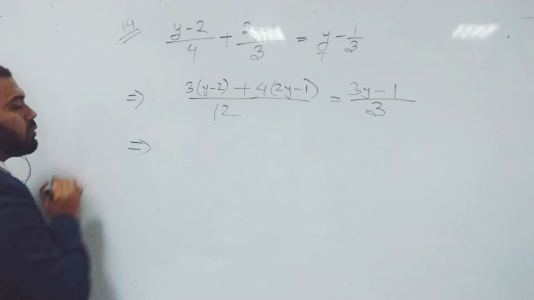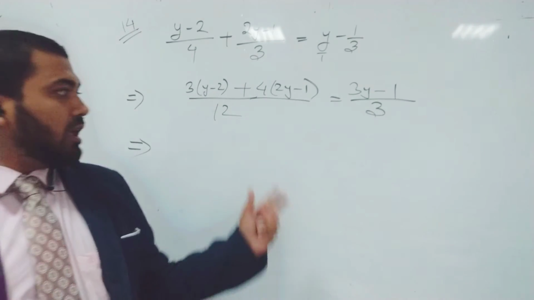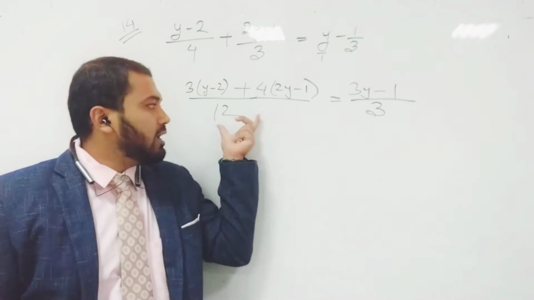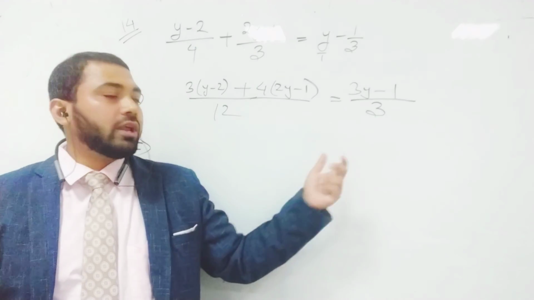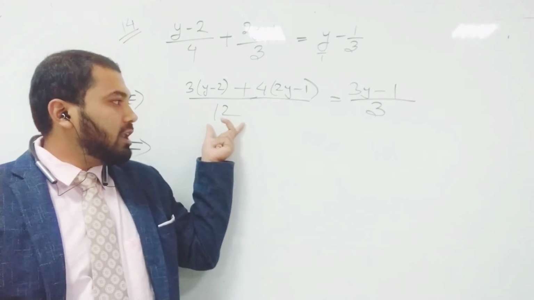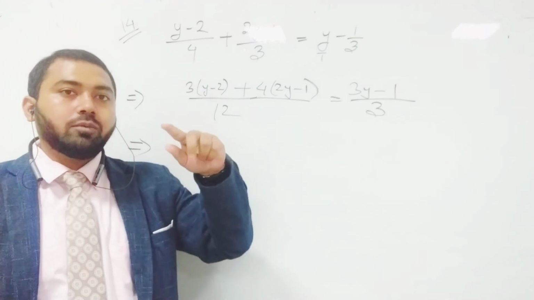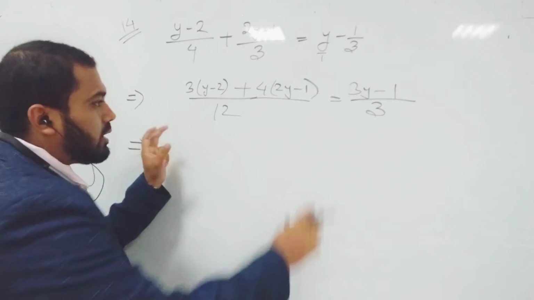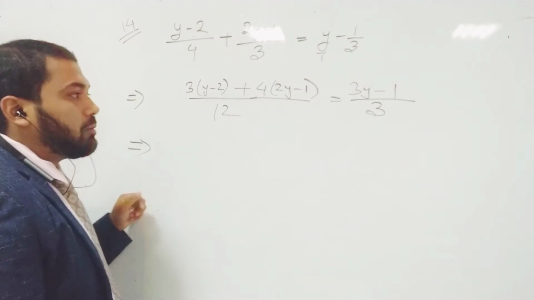The next line, what can we do? Actually, there is a shortcut. If you see this denominator and this denominator, if we can reduce them, the problem gets easier. If they are divisible, we can just do it and solve the problem more easily. We don't need to do the cross multiplication.